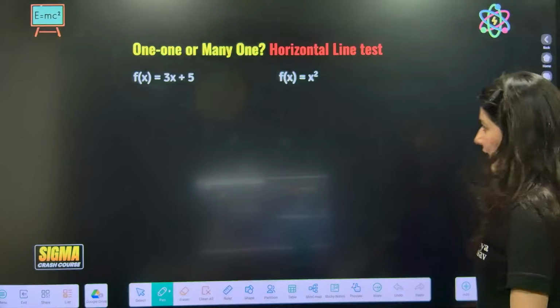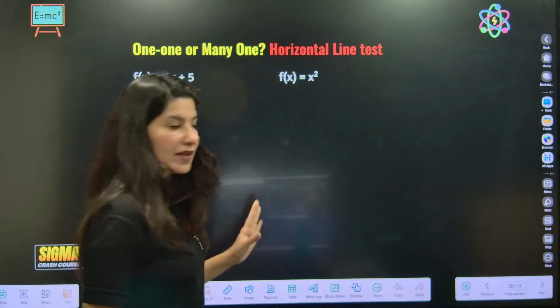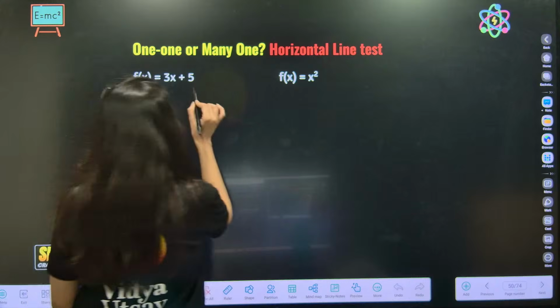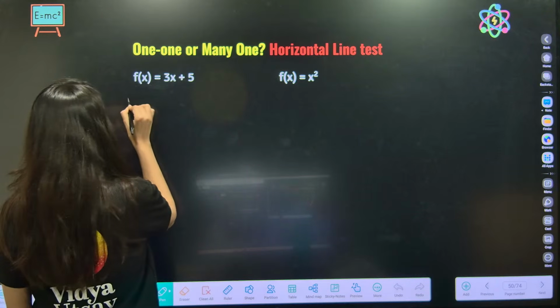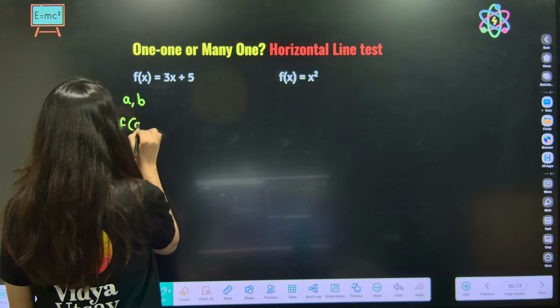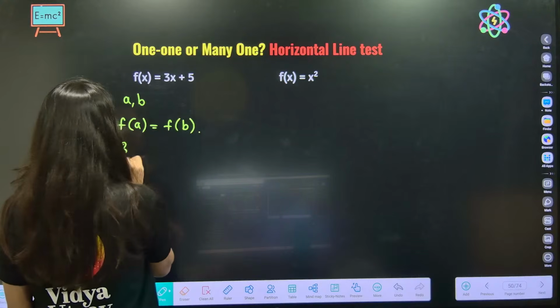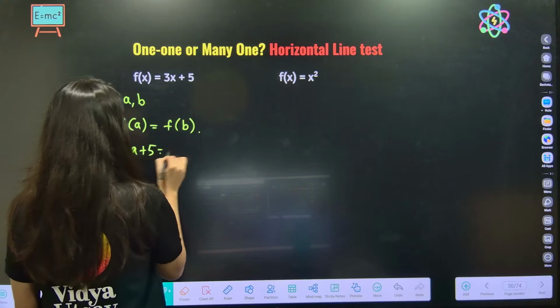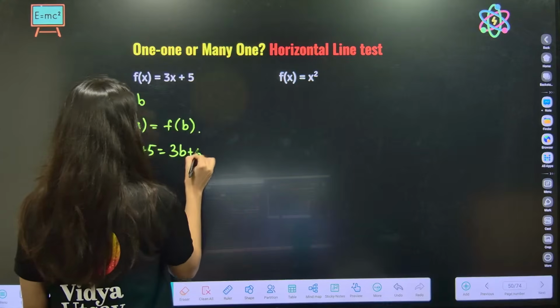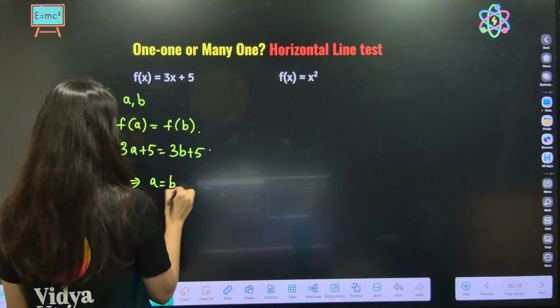So understand that algebraic method, the school level method, I will show it to you. This is your f(x). All you have to do is take two different values a and b, find f(a) and f(b), and equate them. So f(a) is 3a plus 5 and f(b) is 3b plus 5. 5 cancels, 3 cancels, a is equal to b.